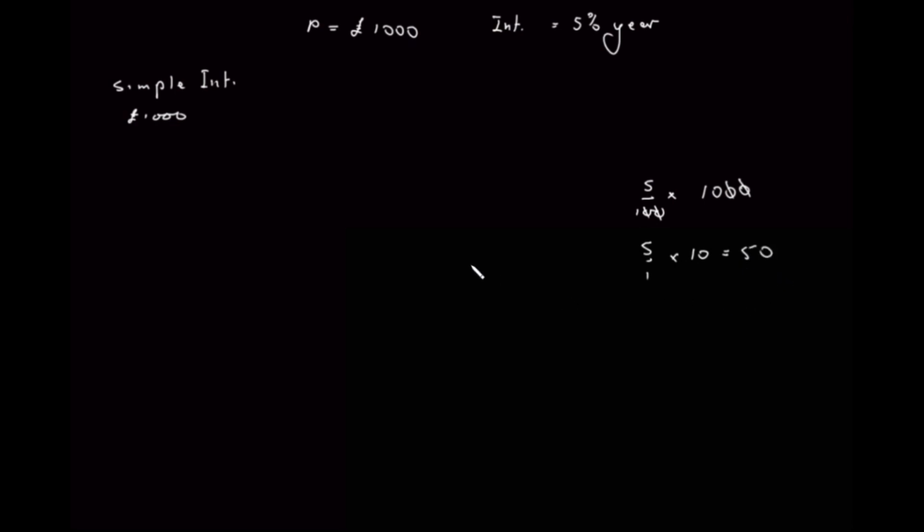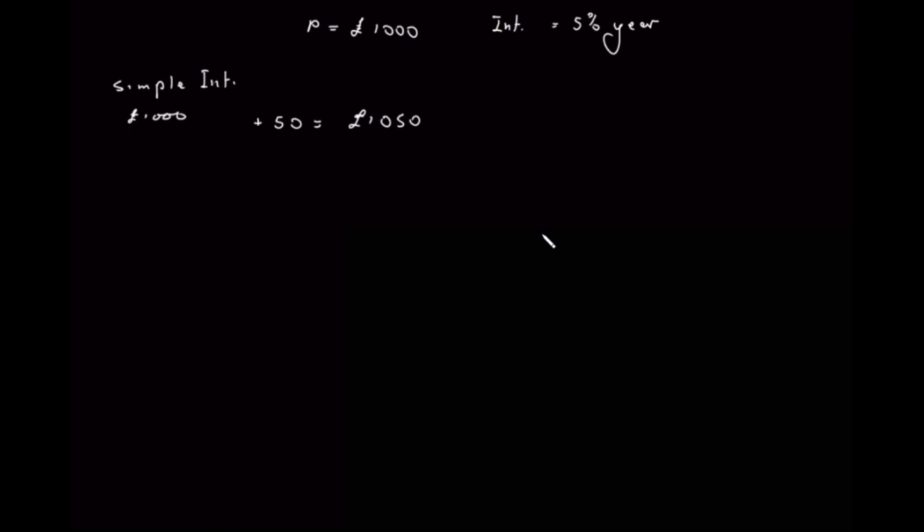Okay, so the interest plus 50 is equal to £1,050. That's at the end of the first calculation cycle, end of year.